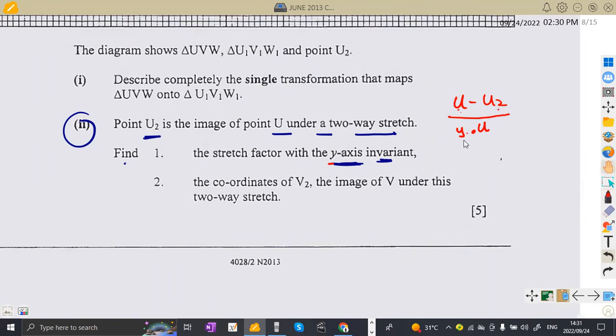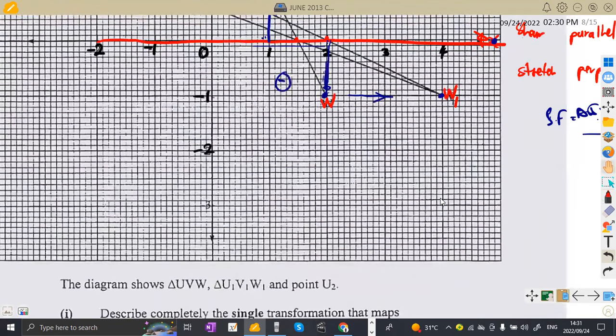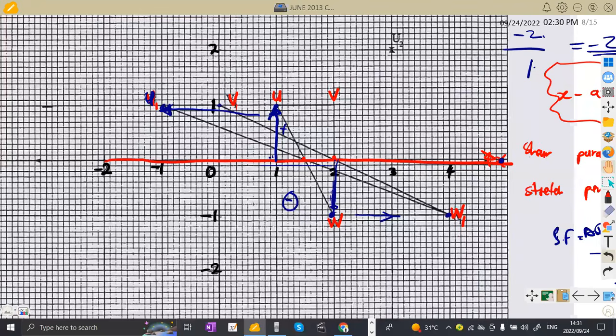What is the distance from U to U2? This is our U2 here, which is written here. So from U to U2, that is the question. What was the distance that you moved from this U to U2? According to this, we can see it's actually a +2 that you're going to have, versus 1.